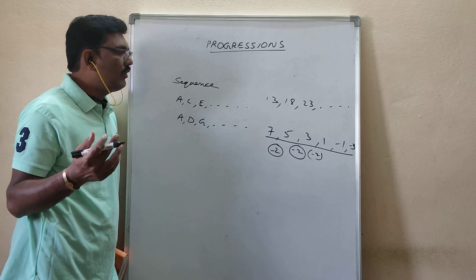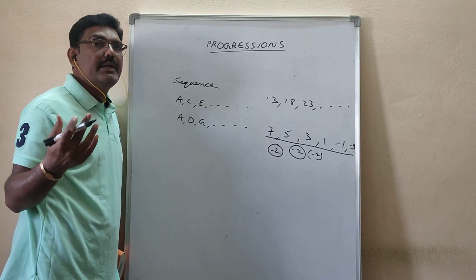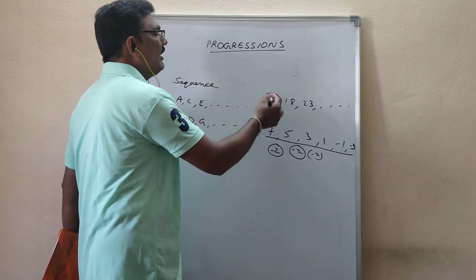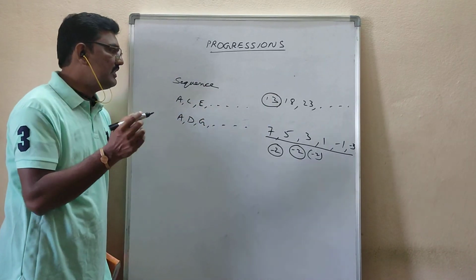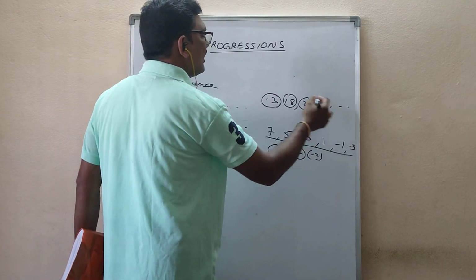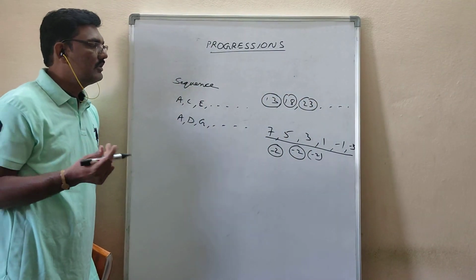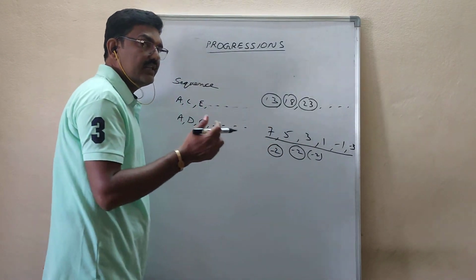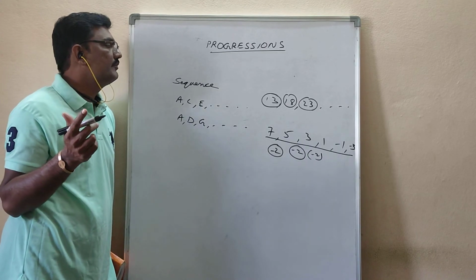So first we have to know what is meant by arithmetic progression. Term means, as I said, in a sequence each number is called a term. So here 7 is a term, 5 is a term, 3 is a term, like that each is one term.